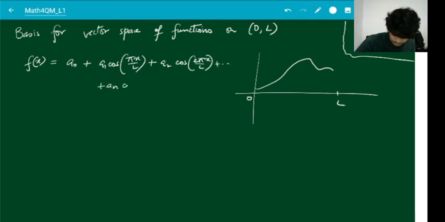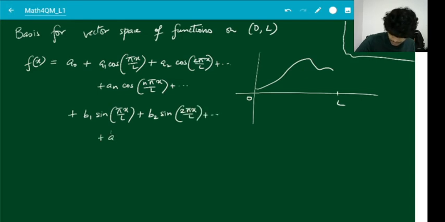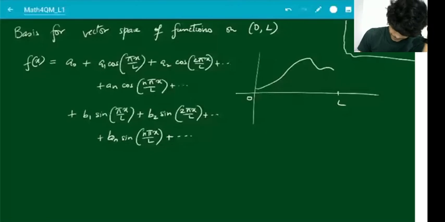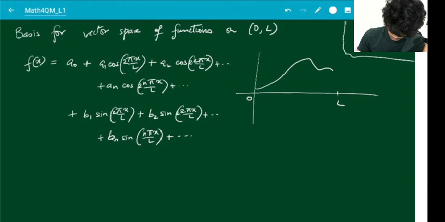In general, an cos n pi x by L. And similarly sines also, b1 sine pi x by L plus b2 sine 2 pi x by L. In general, bn sine n pi x by L. One second, let me just verify if it is n pi x by L or 2n pi x by L. Yeah, I should put 2's everywhere. 2 pi x by L, 2 times 2 pi x by L, 2 times n pi x by L. 2, 2, 2.